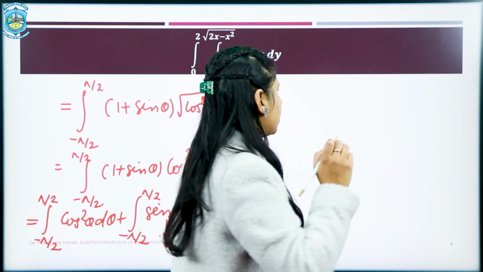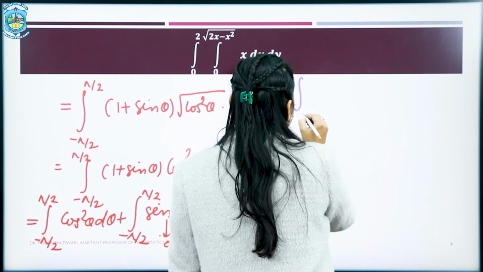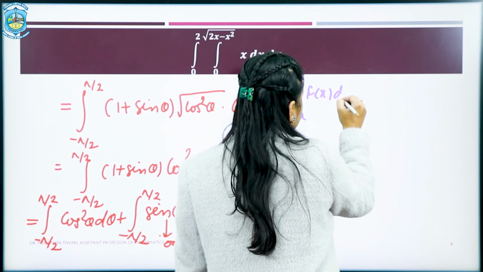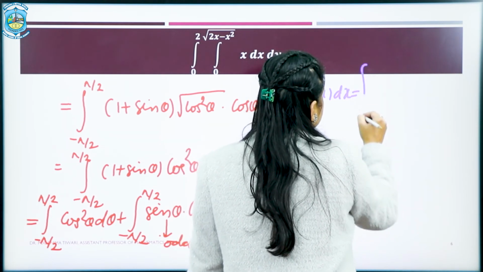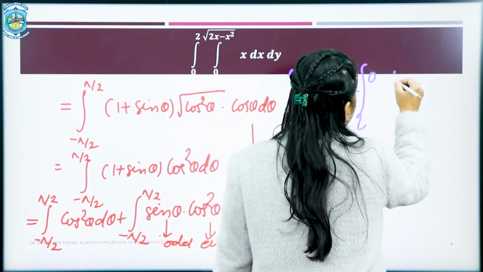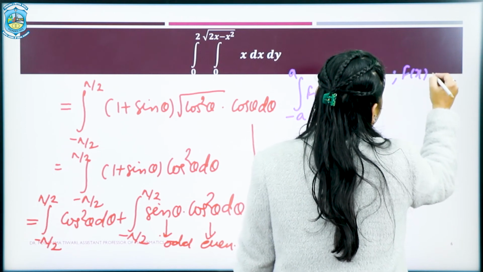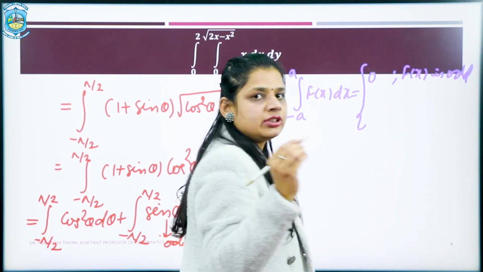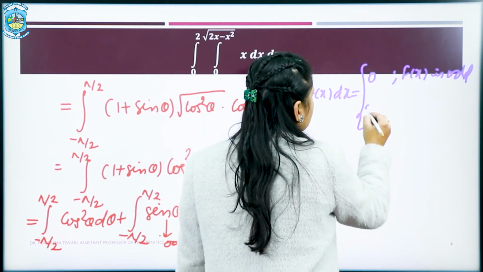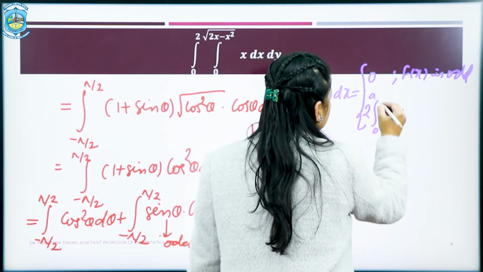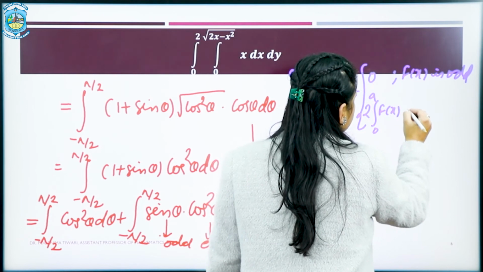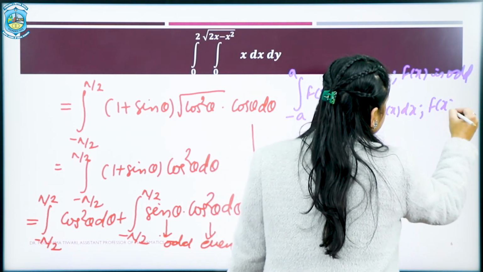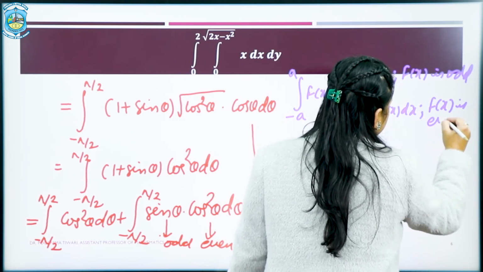And we have a formula that if we have integral minus a to a f(x) dx, then this integral is 0 whenever this function f(x) is odd, and value of this integral is twice of 0 to a f(x) dx whenever this function f(x) is even.